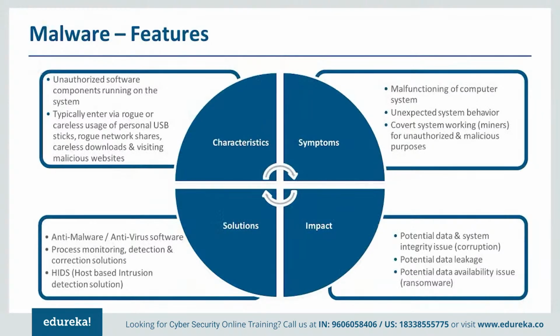Malware. What is a malware? We already saw that malware is a piece of software which works in a proper way as per the developer's perspective. What are the features, what are the characteristics, and what it actually does. The characteristic is simply how it comes into the computer. It may be from the internet when you try visiting a proper website.